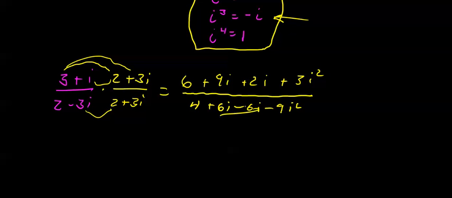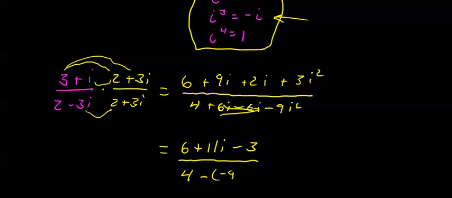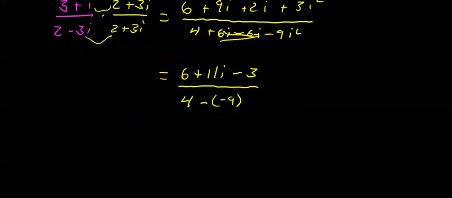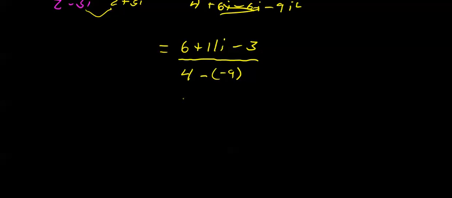Well, these cancel. Combine my like terms: 6 plus 11i minus 3. Why minus 3? i squared, remember, is negative 1. Over 4 minus negative 9. And 6 minus 3 is 3, so we have 3 plus 11i over 13.